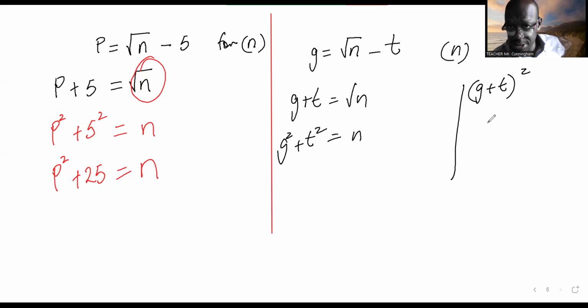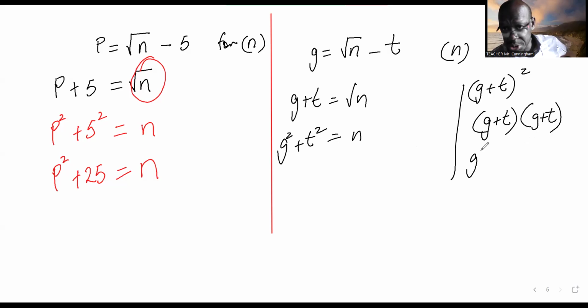You made me start to think a little, because G plus t squared is G plus t times G plus t, which is not the same as G squared plus t squared. So G by G is G squared, G by t is GT, t by G is GT, and t by t is t squared.